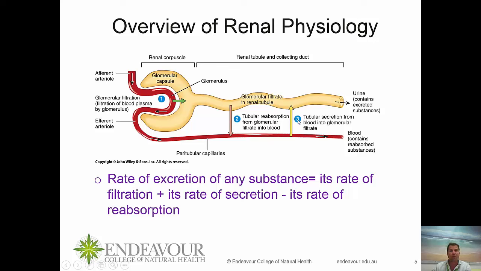So that's number three there, tubular secretion. This is particularly important for things like hydrogen ions. When our kidneys try to regulate our acid-base status, the kidneys can secrete hydrogen ions from the blood and put them into the renal tubules, so we excrete the hydrogen ions.